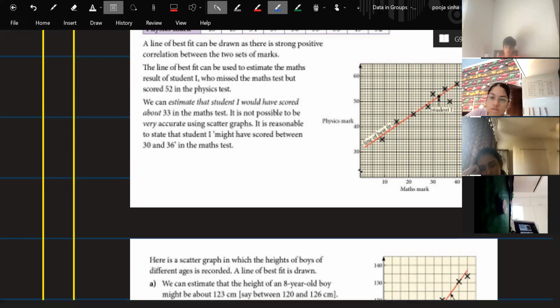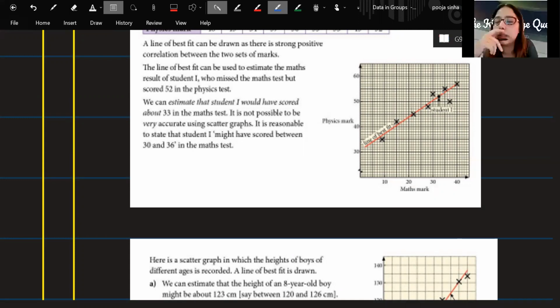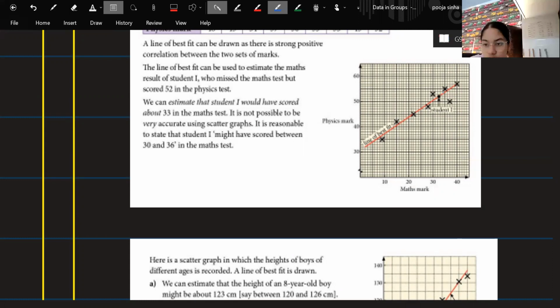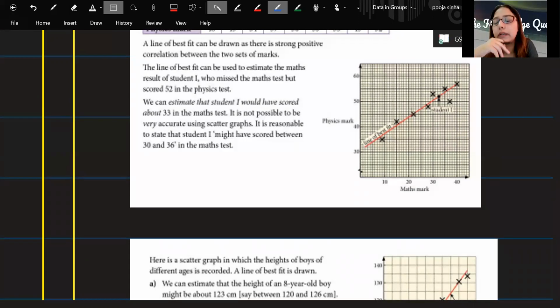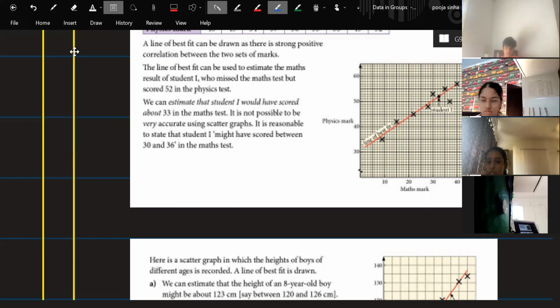A positive correlation. Is it always positive correlation for line of best fit? It can be negative. The line of best fit is just a random line. Yes, Trisha, say it. It has to be close to the points as much as possible.